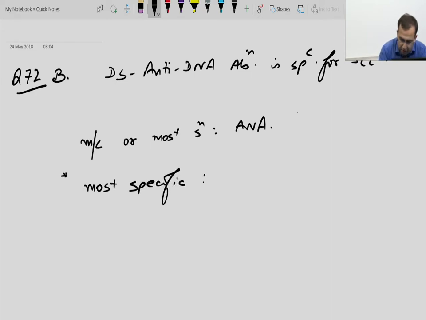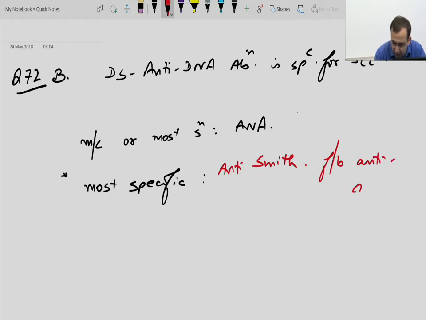This is important, please put a star on this. Most specific is anti-Smith. S for specific, S for Smith. There is never a confusion about most sensitive, but most specific is anti-Smith, followed by anti-dsDNA antibody.